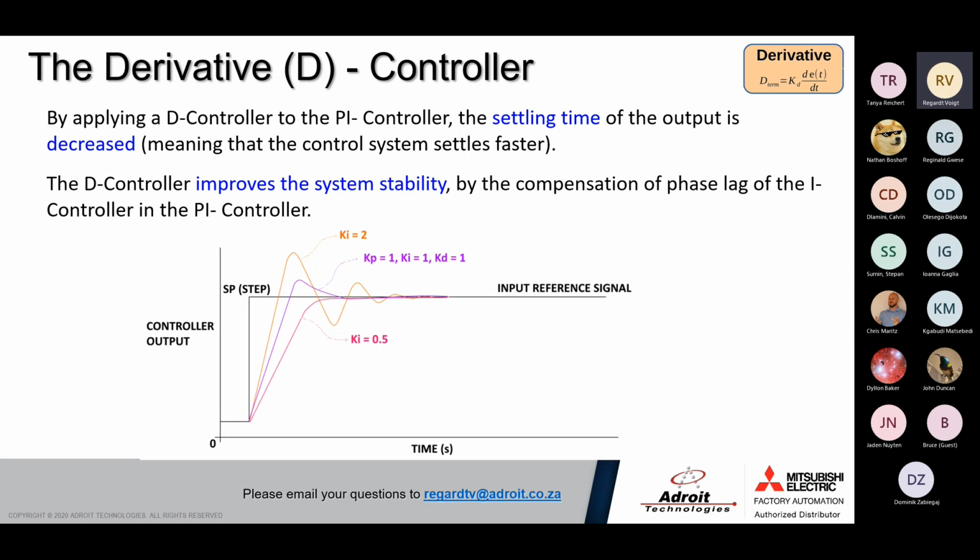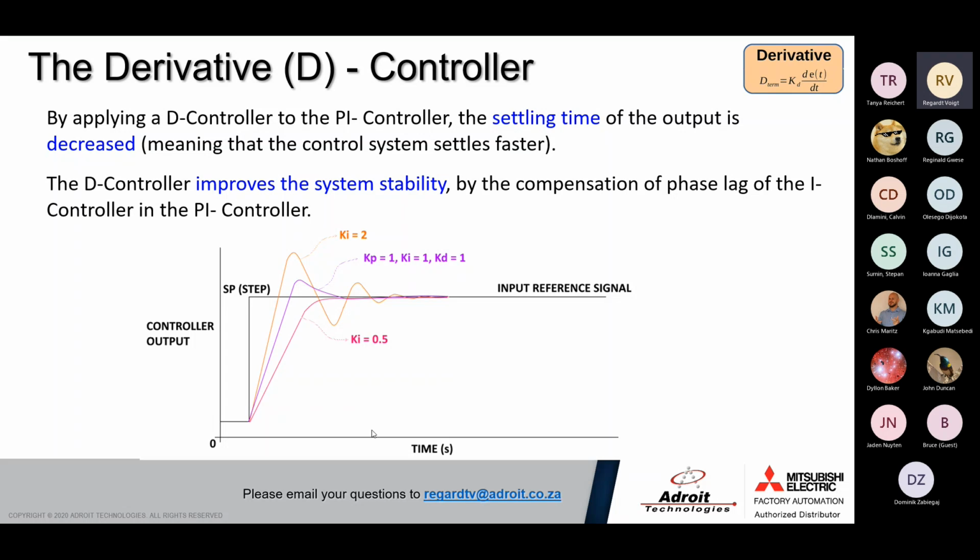Right. So we look at this example here. If you add a D term here, now the steady state error falls away completely as well, and the PLC will be very sensitive to small errors being induced. So the controller will immediately react to small errors, and therefore you will reach your desired set point in this step response function here.